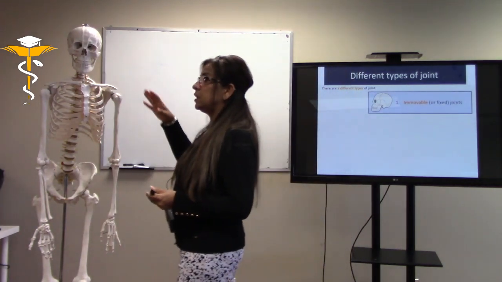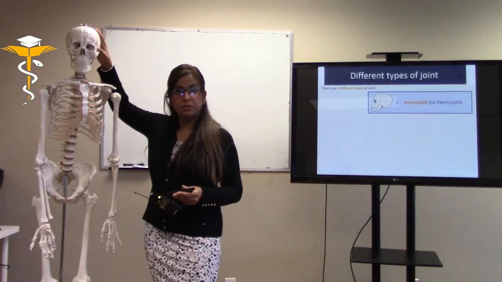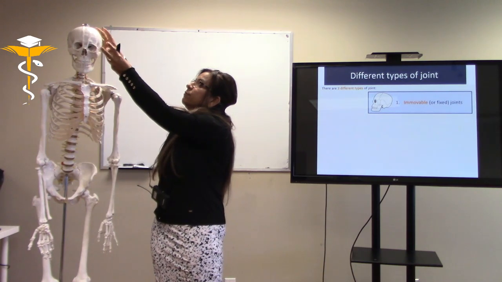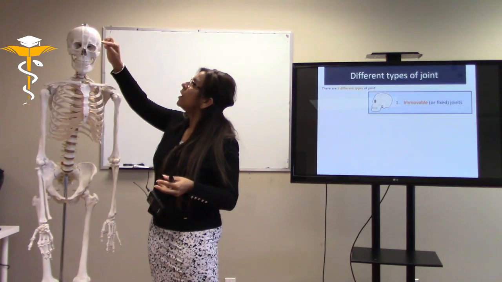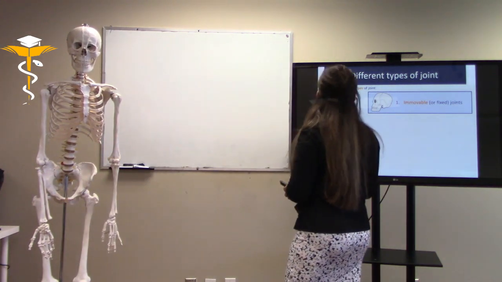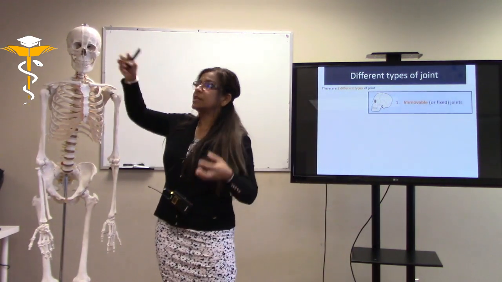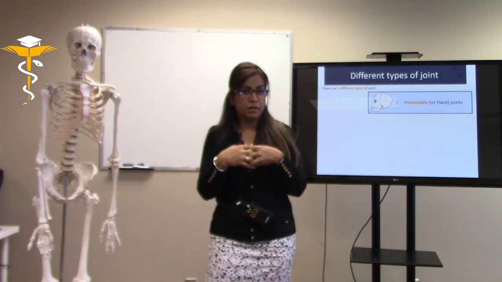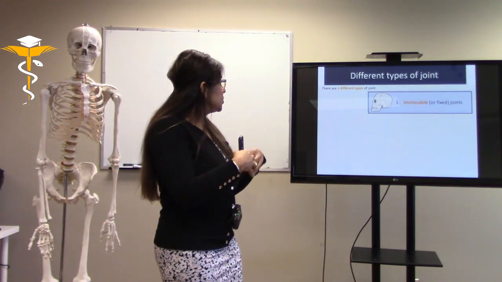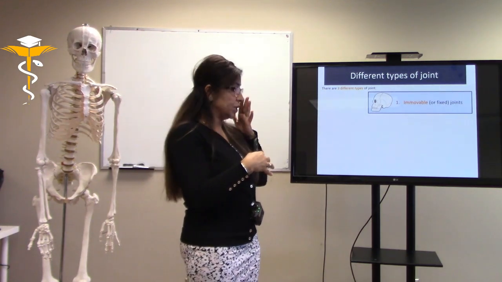Especially the bones in the skull. If you see, several bones are fused together and form a kind of suture. This suture is very tightly fused together in the form of fiber. So this is called an immovable or fixed joint.